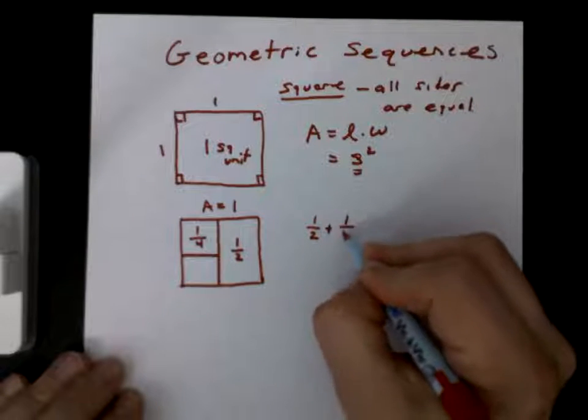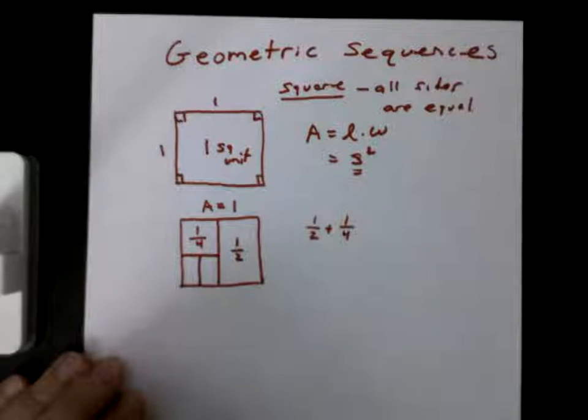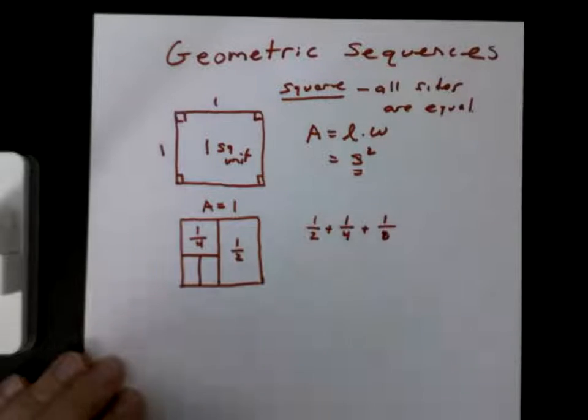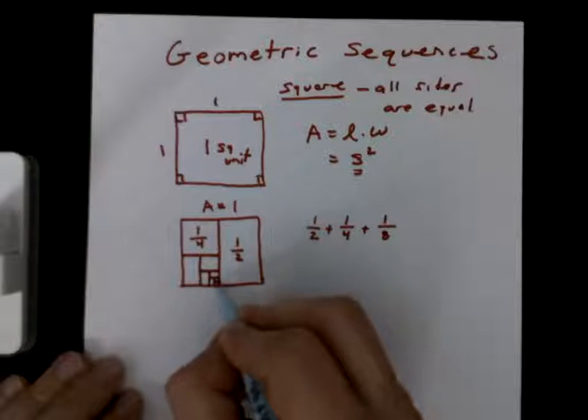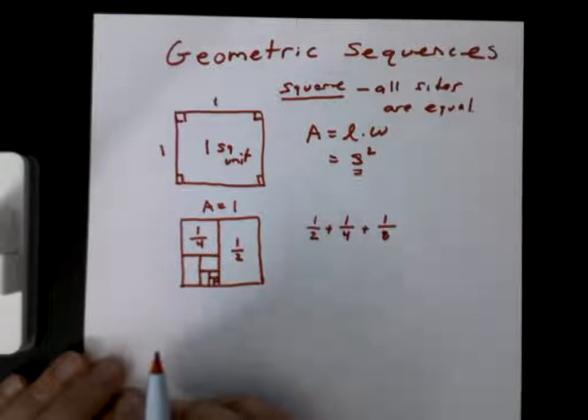We add 1/4 to the mix. If we do it again, we make another cut and get half of that, which is 1/8. And then you do it again and again, until you can't really do it anymore.